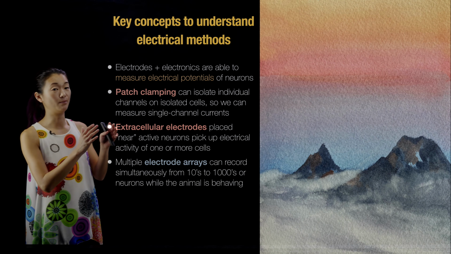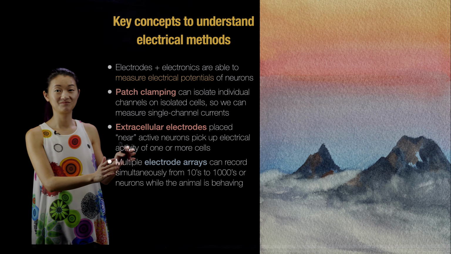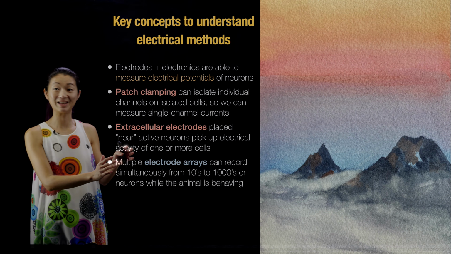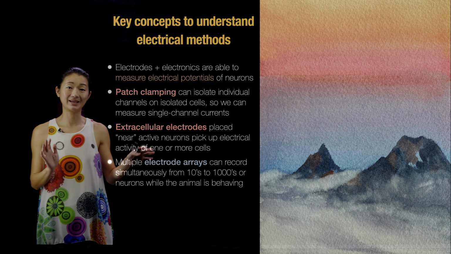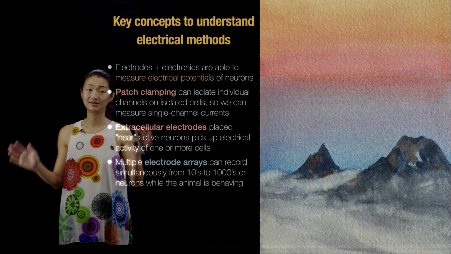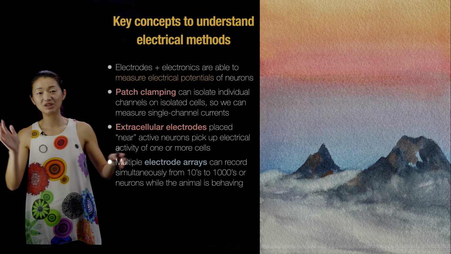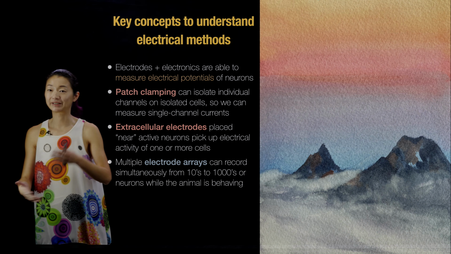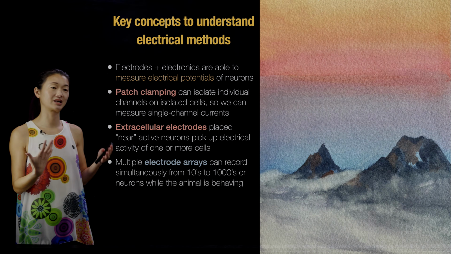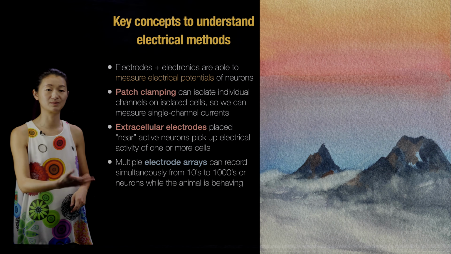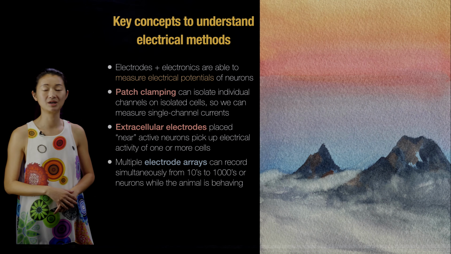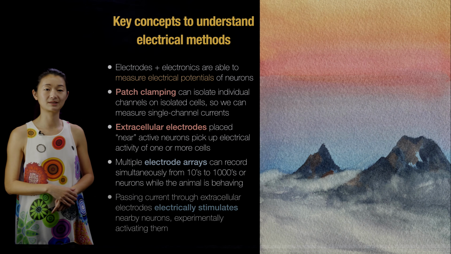And if you just had more extracellular electrodes, 2, 4, 8, 10,000, you can record from thousands of neurons while the animal is simultaneously doing all the things that it normally does. Watching movies, running around, listening to stuff, interacting with each other, all those kinds of things. Those are really cool experiments, hot off the press in neuroscience right now, in terms of what is possible to accomplish with these multi-electrode recordings.